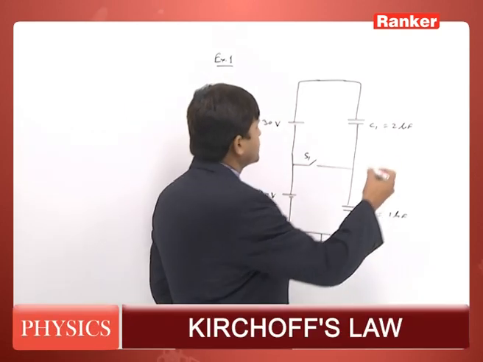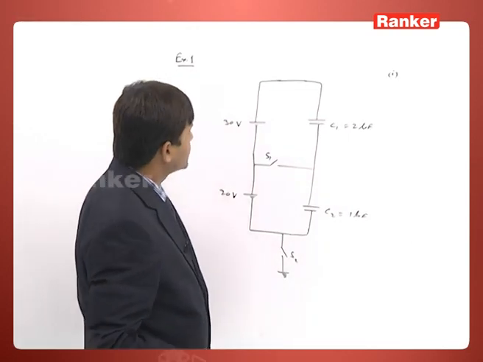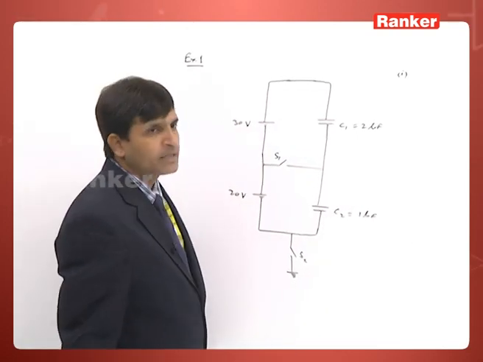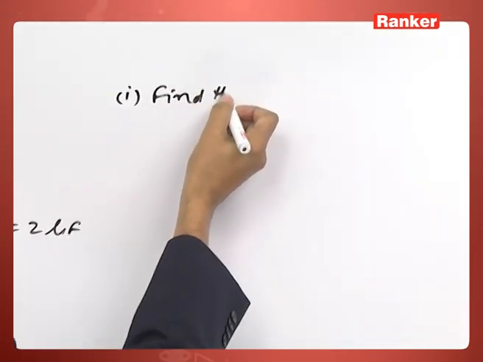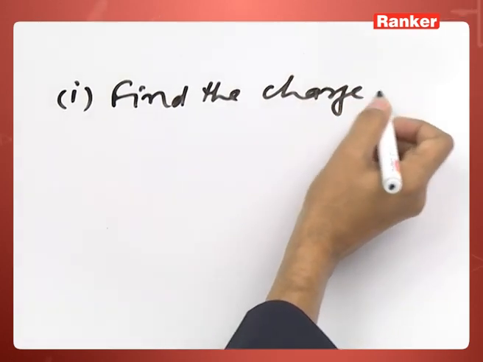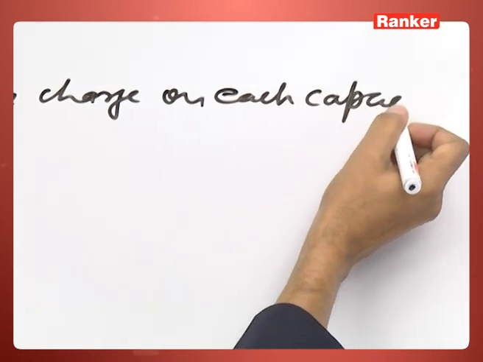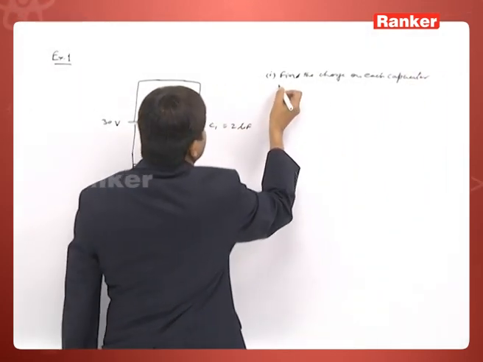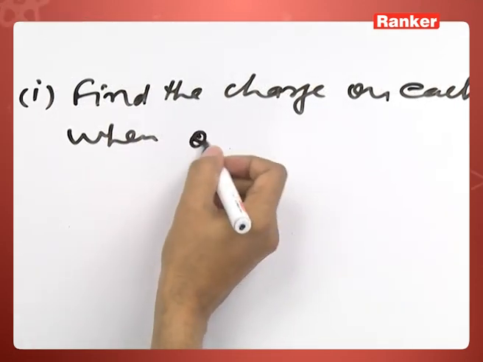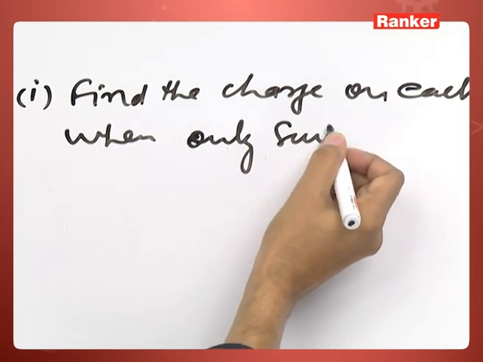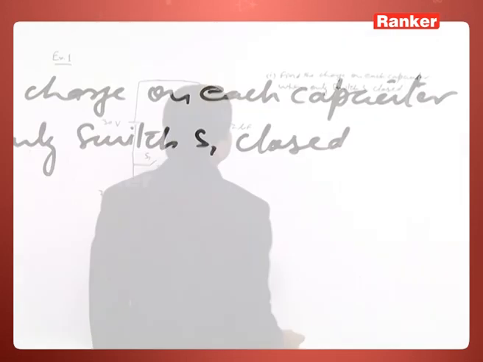Now, the first part of the question is this: find the charge on each capacitor when only switch S1 is closed. This is the first part.